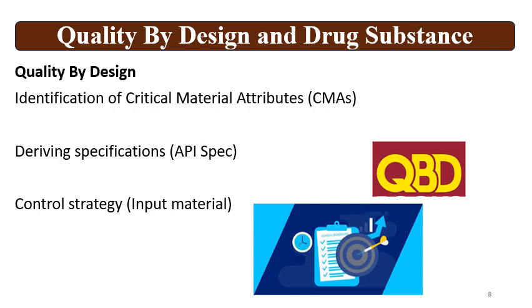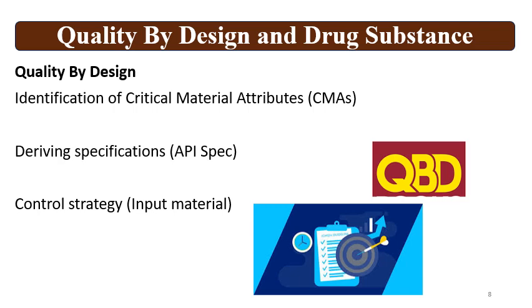If you are developing a formulation of a BCS class 2 drug substance, then you can understand that the particle size will be the CMA, because particle size affects the dissolution rate and dissolution rate affects the biological action or pharmacological action. So these will be the CMAs, and once you identify the CMA, you have to study that CMA's impact on the formulation, that is the CQAs.